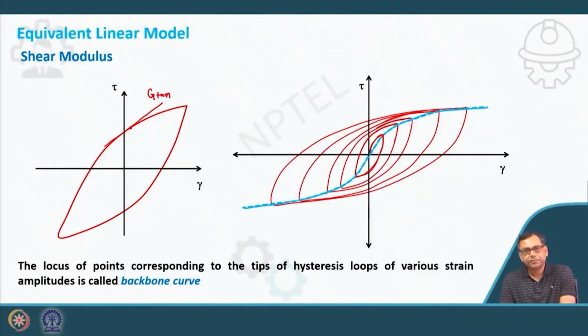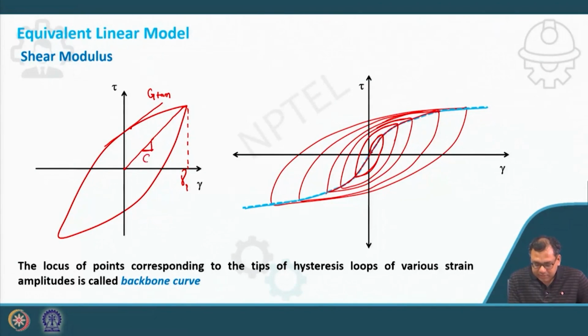That is called the tangential modulus. But another modulus value can also be used, that is called the secant modulus. What is the secant modulus? Suppose for a particular strain, I join this tip and the origin, and then take the slope.